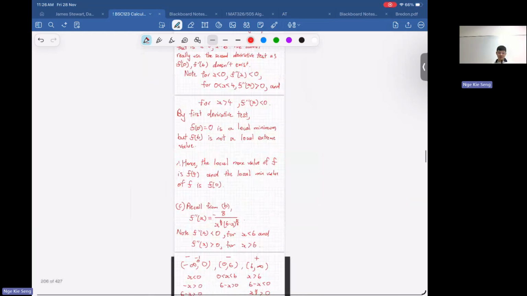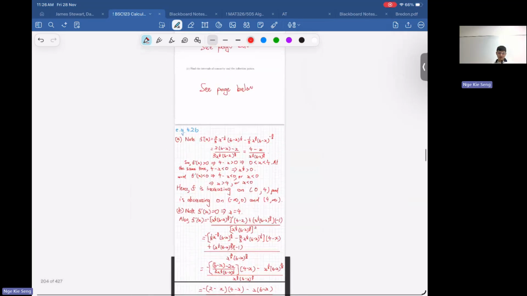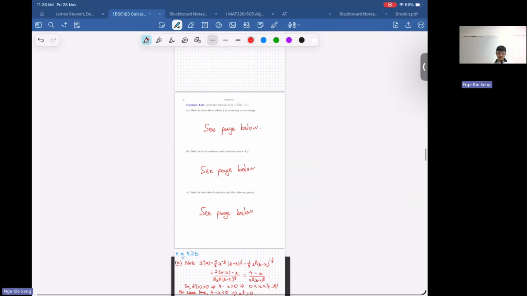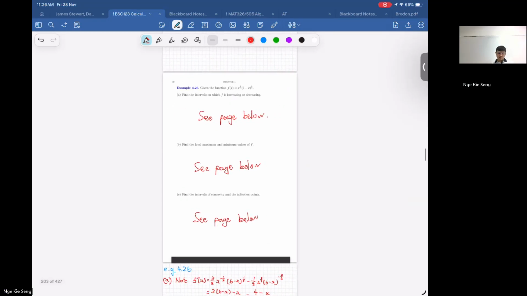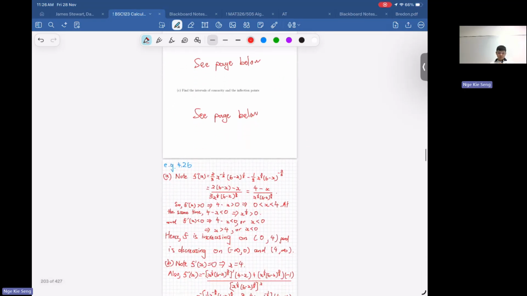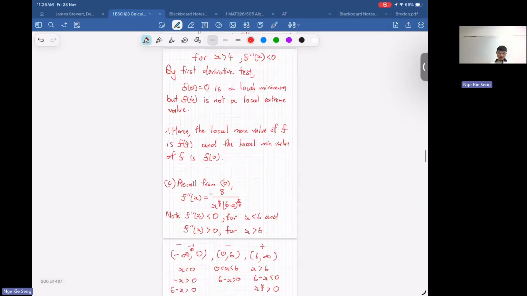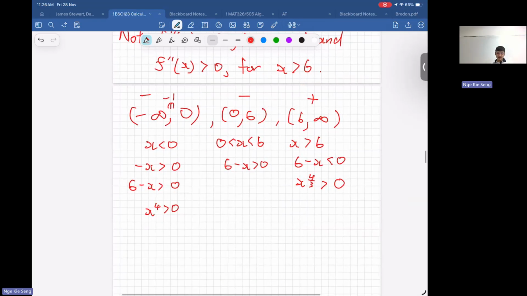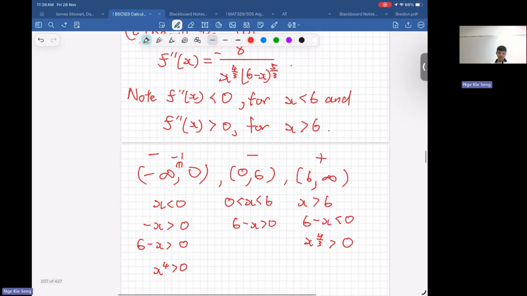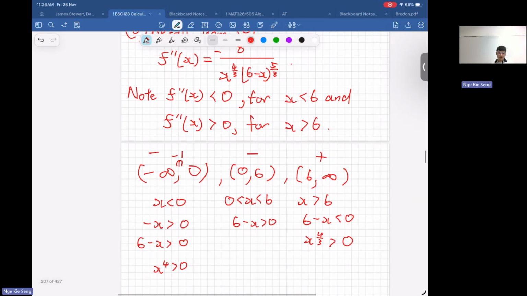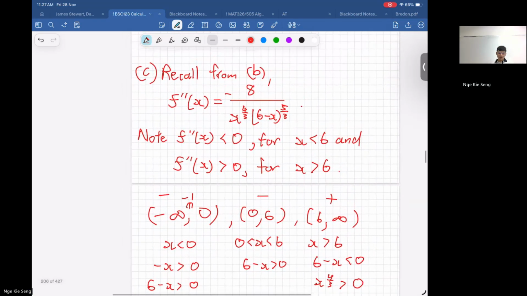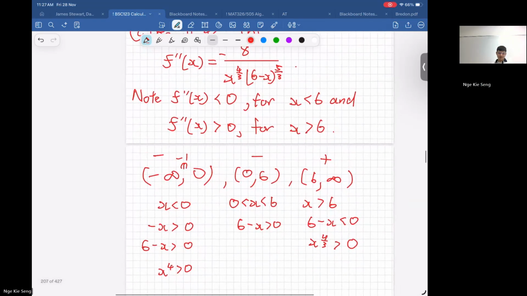Okay, so let's determine this. Is it an inflection point here? If it is an inflection point, there should be a sign change, right? But in this calculation, there's nothing wrong. What's wrong here?